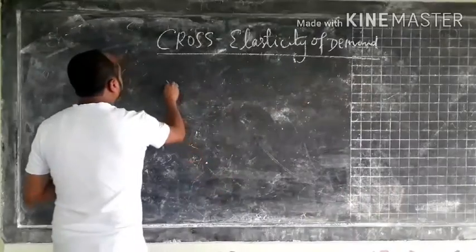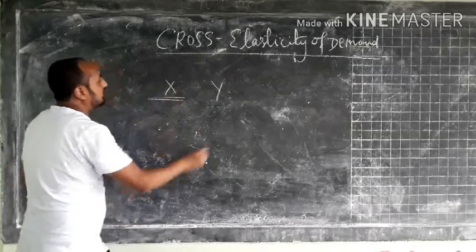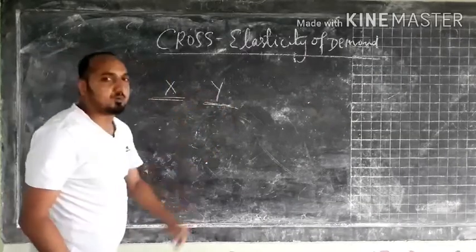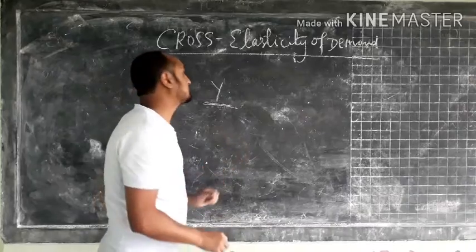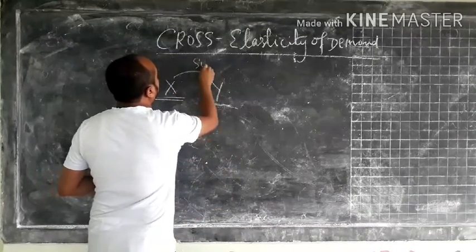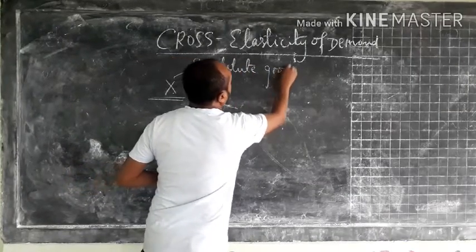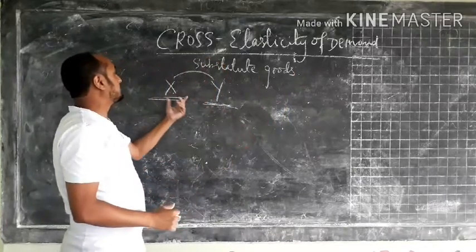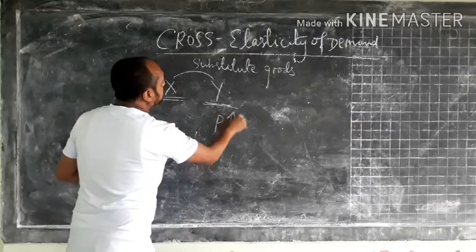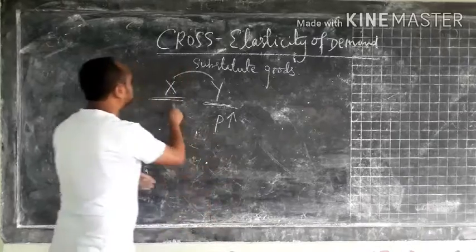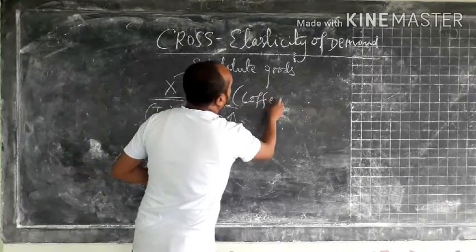Now let's consider two commodities X and Y. What I mean to say is that when the price of any one of the commodities, either X or Y, increases or decreases, and if they are substitutable, suppose X and Y are substitute goods, and when the price of commodity Y increases, suppose X is our tea and Y is our coffee.